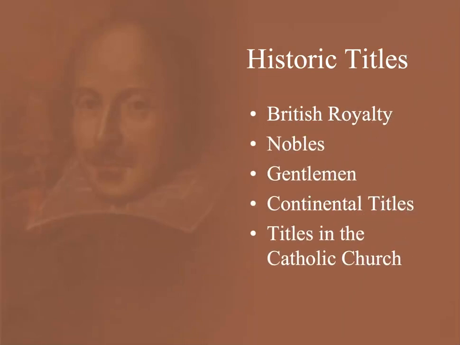So I think in order to continue to get our historical bearings, it's good for us to understand how British royalty and other areas of royalty and the titles used work, so that we can make greater sense of who's who, what their roles are, and how they relate to each other within each of the plays.